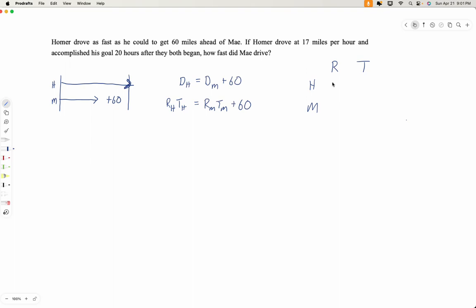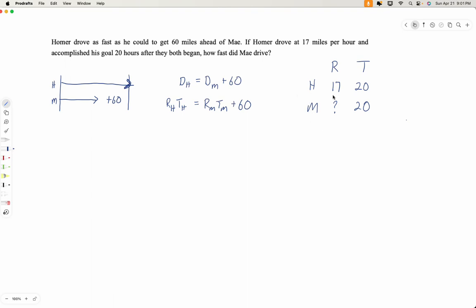So the rate of Homer is 17. And their time is 20. Both of them are 20 because they both began at the same time, and it took 20 hours for him to accomplish his goal. So they were both driving for 20 hours. What we don't know is the rate of May. Okay?